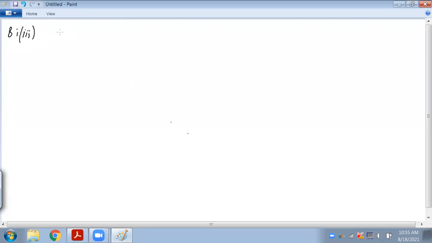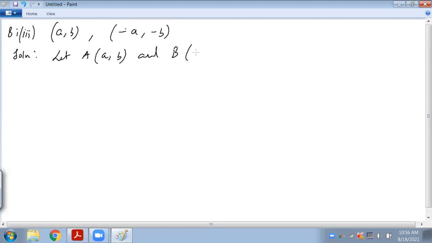Okay, so the question is (a, b) and (minus a, minus b). Let the first point be A and the second point be B, let these be the given points.